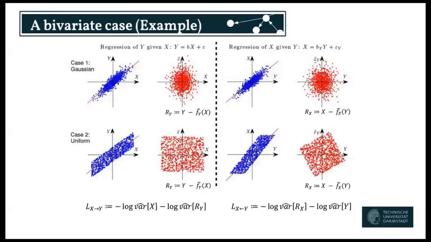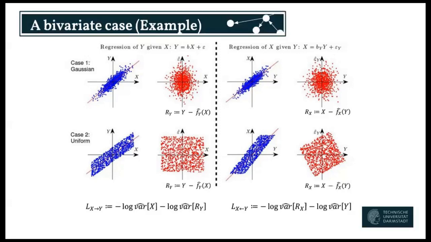And this little example is supposed to visualize this to some extent. So the upper example is a Gaussian case, and the bottom example is a non-Gaussian case. And on the left-hand side, we have a model fit from x to y, and we assume that the correct model is indeed x to y.